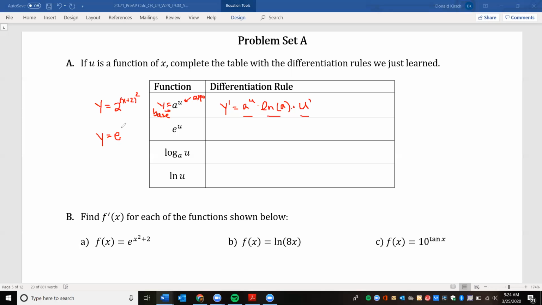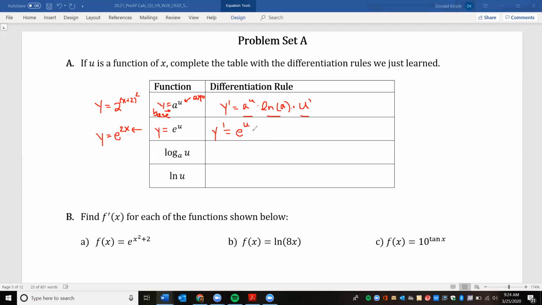So let's just use an example of, let's say this was e to the 2x power. Okay. So e would always be our base, and this time the u would be that 2x. So let's look at how we would take the derivative of something like this. Okay, so y prime is going to be, well, this time we're still going to recopy e to the u, just like that first one.